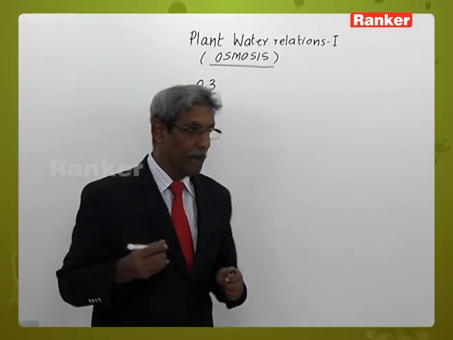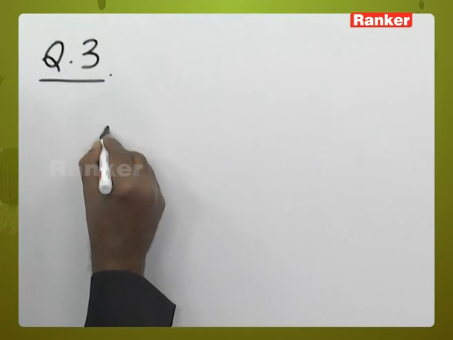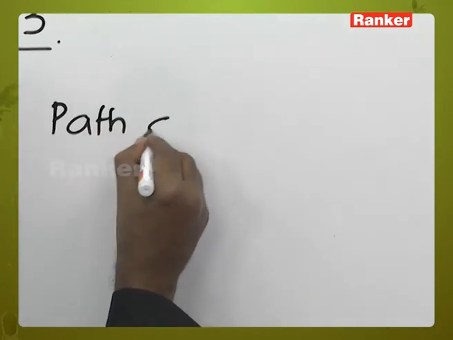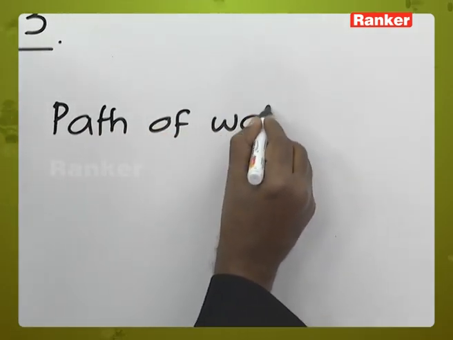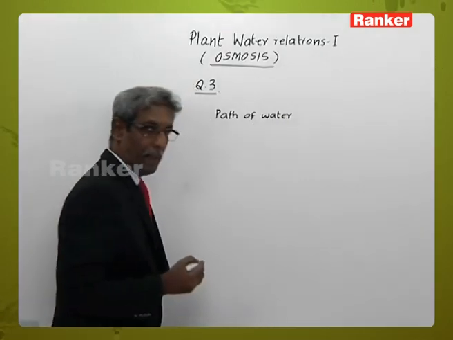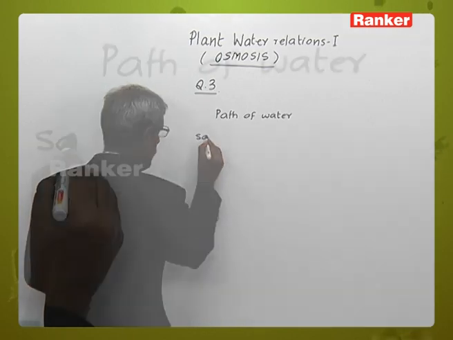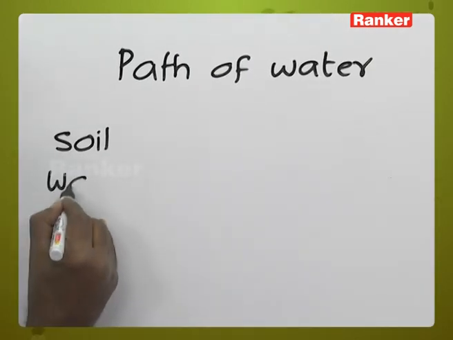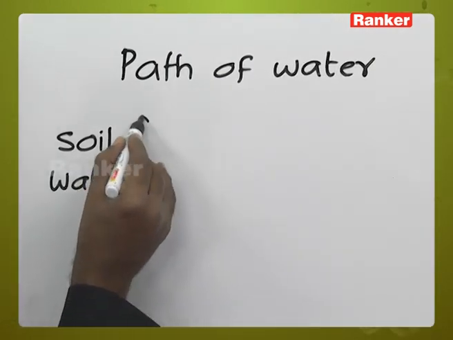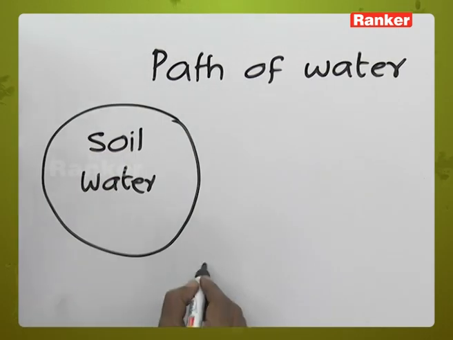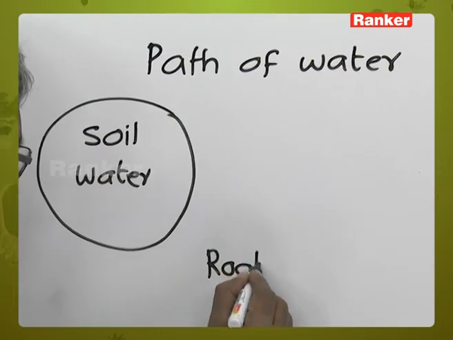Whenever we think in terms of the path of water in plants, it predominantly starts with the soil water. From the soil water, it enters the root hairs.